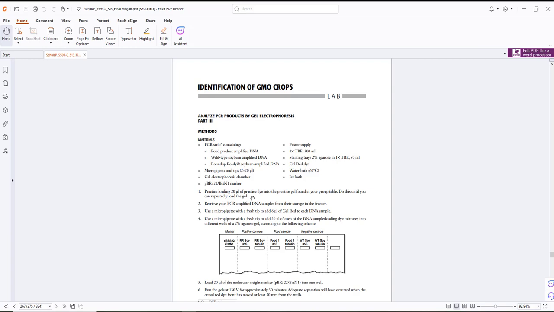Now the gene has been copied over and over until we have millions of copies of it. Now it's going to be run through gel electrophoresis, which you learned about last week. Of course, you're not actually going to be running it because you don't have a gel electrophoresis chamber at home. So we have given pictures of the gel electrophoresis for you to take a look at.